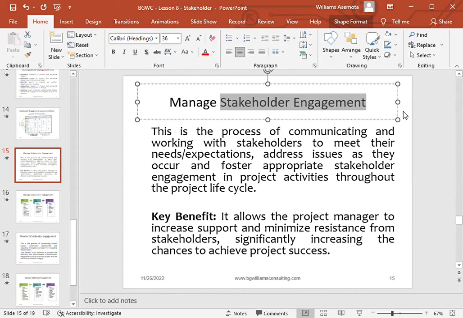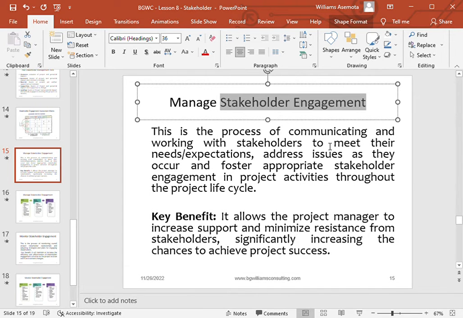At this point we're already talking, we're already putting plans together, we're already getting things done. That is stakeholder engagement, which means it is when we actually start communicating with the stakeholder.